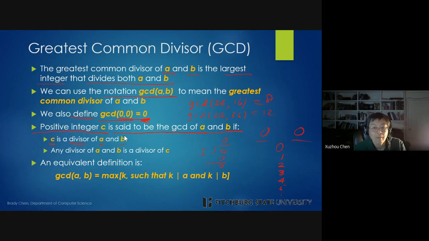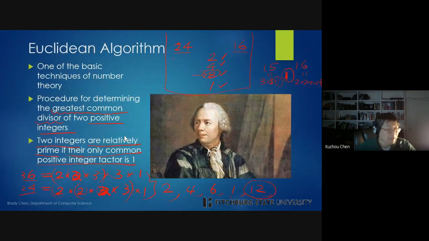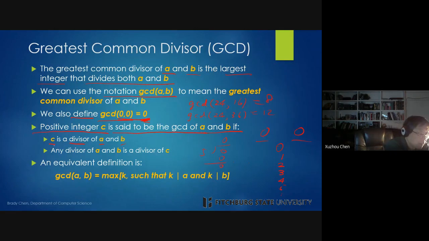A common divisor may not be a greatest common divisor. 2 is a common divisor. 4 is a common divisor, right? But they are not the greatest common divisor. So the other way is true. The greatest common divisor is a divisor of a and b.